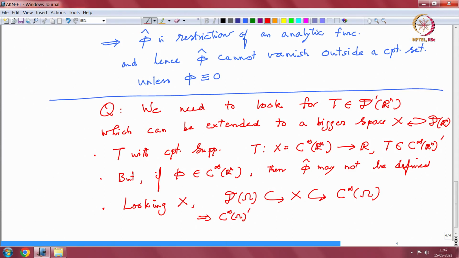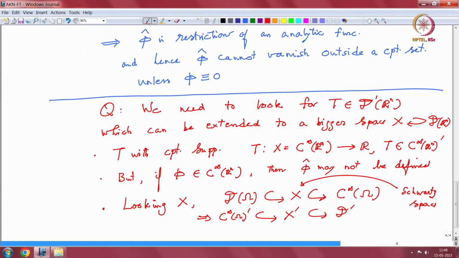Distributions can be extended up to this one, contained in X prime and that contained in D prime, and this is the space, you already have seen some aspects of it. This is the Schwartz space, which plays an interesting role.